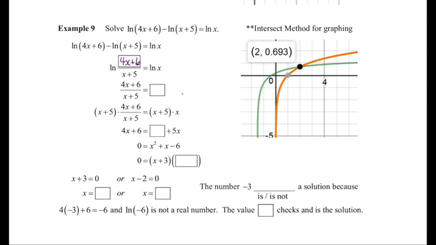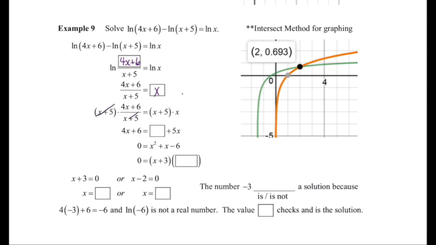Using the equality rule, I know that I can drop the natural log on both sides, since it's already written in the natural log. I'm just left with (4x plus 6) over (x plus 5) is x. Let's get rid of the denominator by multiplying both sides by x plus 5.